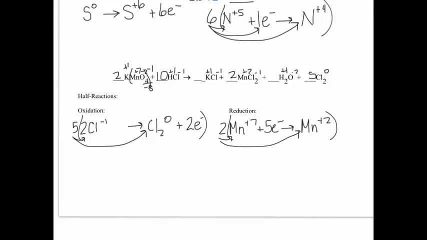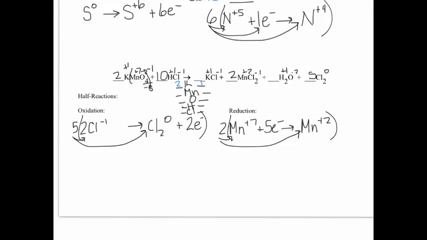So I'm going to list my elements, K, Mn, O, H, Cl. Wish I'd left myself a little more room. All right, now we're going to count those up using the coefficients I already have in place. I have 2 K's on this side, and on the product side I have just 1 in the KCl.